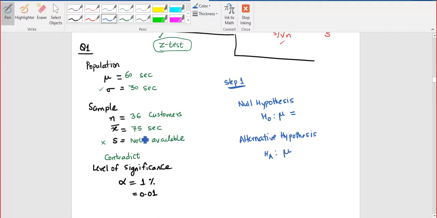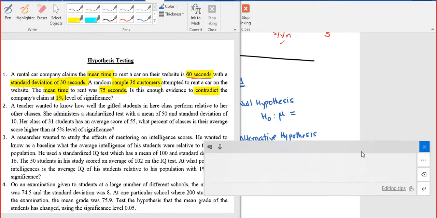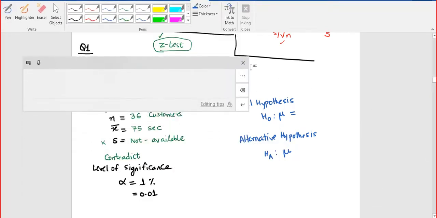In the null hypothesis we go with the claim of the company that it takes on average 60 seconds to rent a car. You can write that as a statement from the question itself: the mean time to rent a car through a company website is 60 seconds. This statement can be added here.